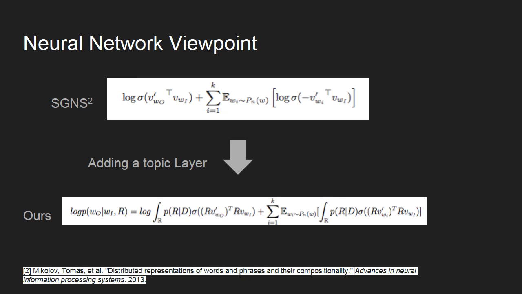We could also see from another aspect, namely the neural network viewpoint. Transferring skip-gram formula into ours means we embed a new layer between the input and output besides the skip-gram hidden layer. We have said in above slides that skip-gram workflow just has one hidden layer, and now we add one more.